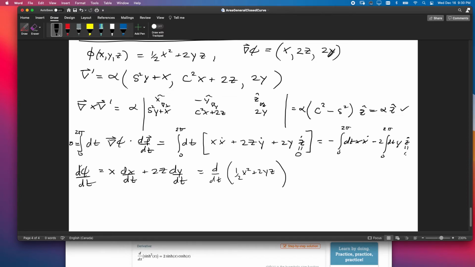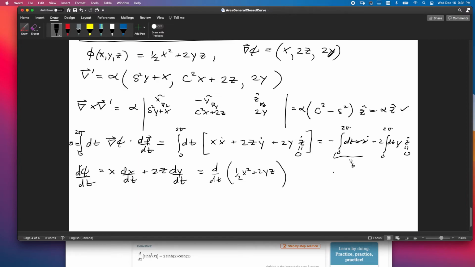Oh, this z dot is equal to 0. If we have the integral of this has to be equal to the negative itself, it has to be equal to 0.